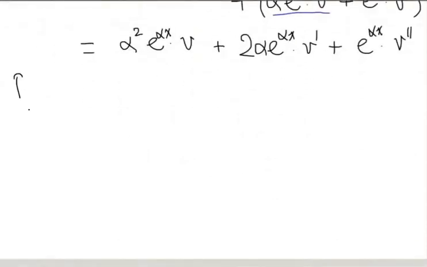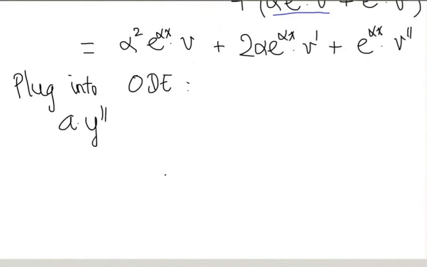Now let's plug into the ODE, which I'm rewriting here: a y double prime plus b y prime plus c y equals 0.